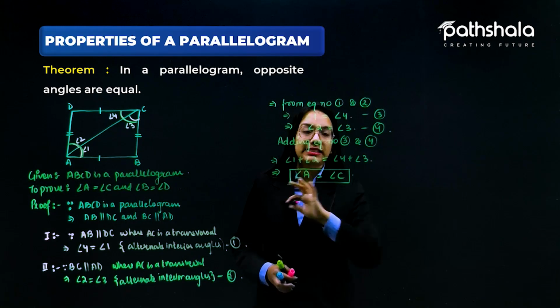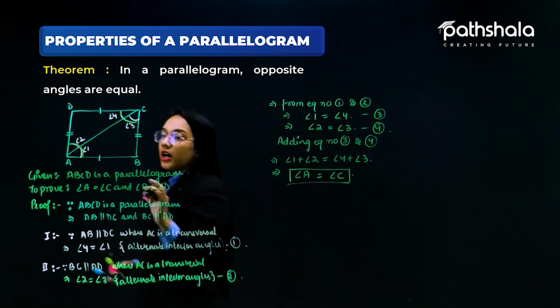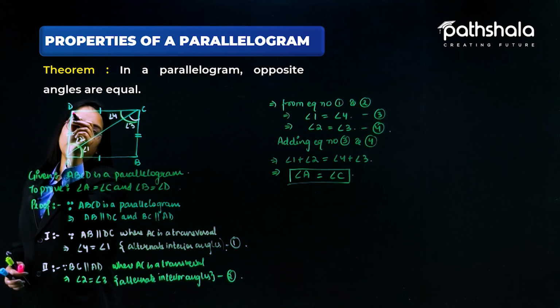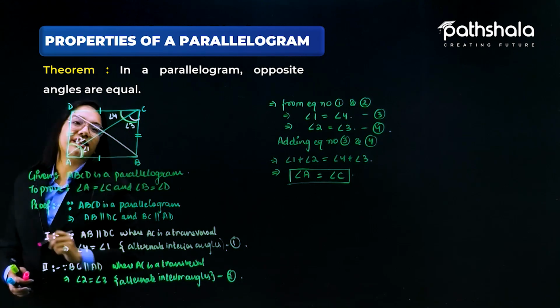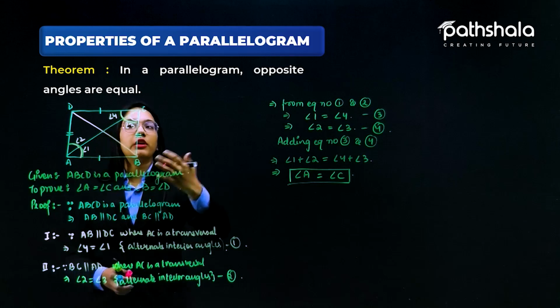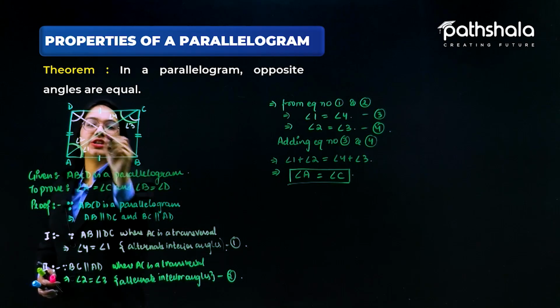In the same manner, if I take the diagonal BD rather than AC, then I can definitely prove that this angle is equal to this angle.